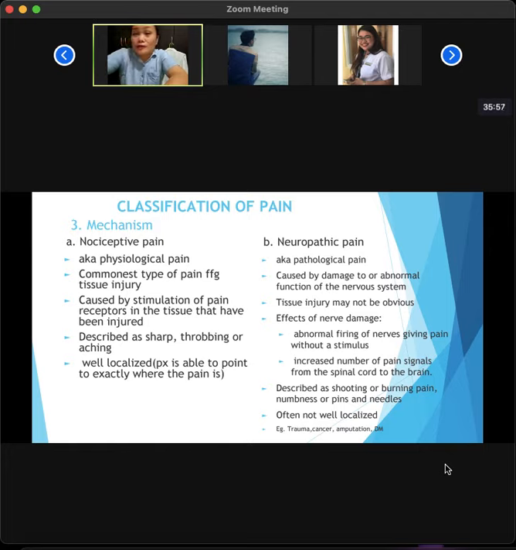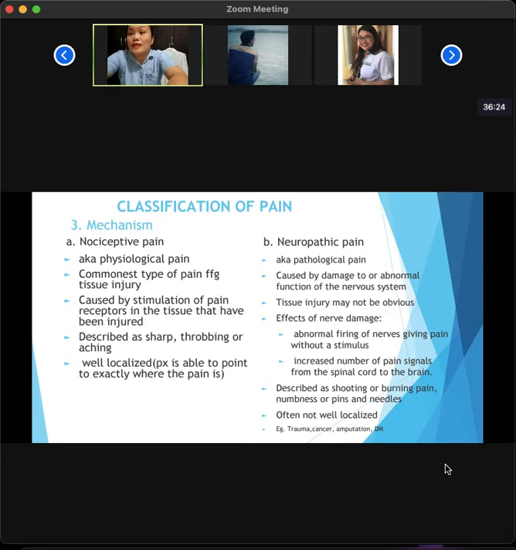Okay, so again, for mechanism, you have your nociceptive pain, which is physiologic pain, well localized, described as sharp, throbbing, or aching pain. Okay, while neuropathic, it is pathological pain, described as shooting, burning pain, numbness, and pins and needles.